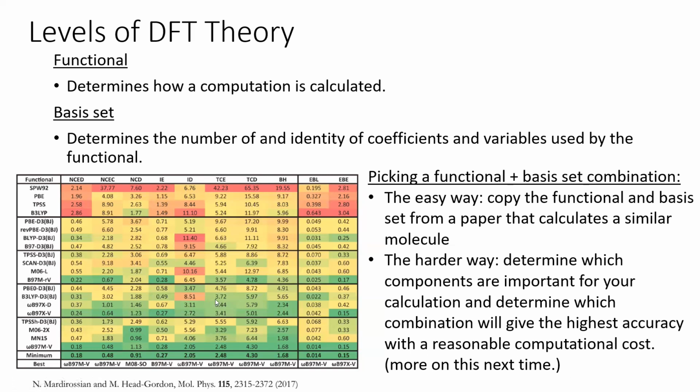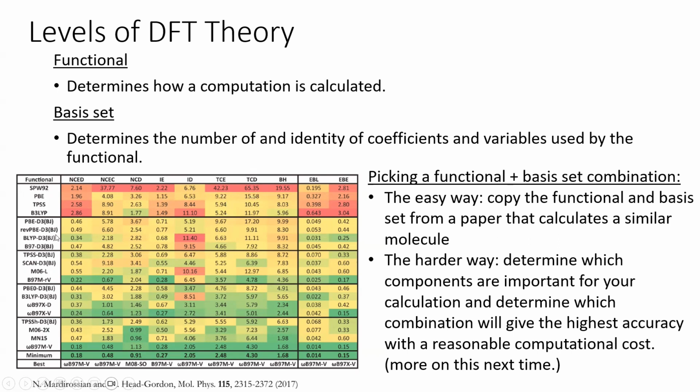So on the left here is a graph done by Medvedev and Head-Gordon. The reference is at the bottom here, where they compare a bunch of different functionals for various types of calculations. One that we commonly use is thermochemistry. So that's these two groups here.